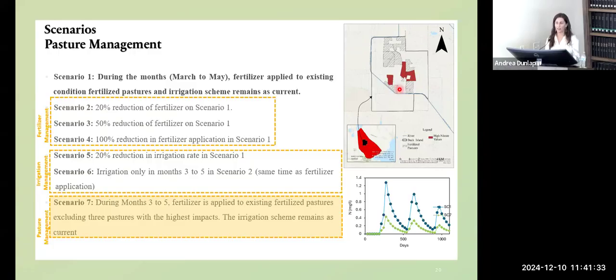At the end, we had around 4 years of pasture management, the fertilization management, considering all best management practices to be implemented in our model.